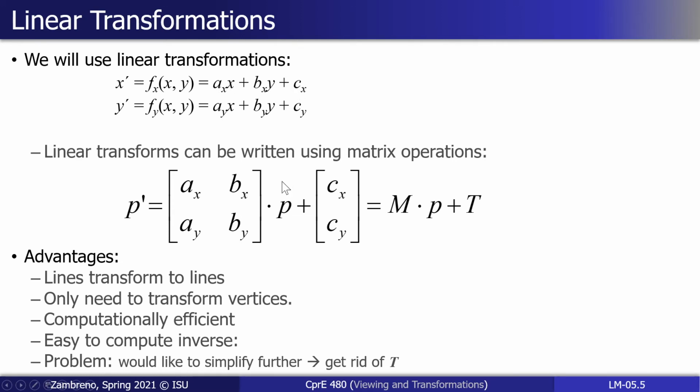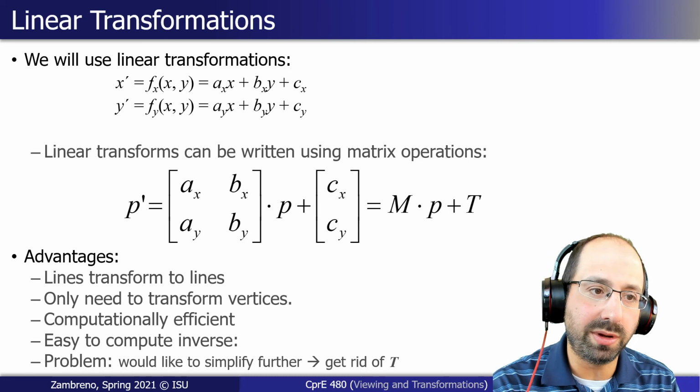The advantage of this formulation, where it's linear, is that as we transform vertex xy to vertex xy prime, and we have a line in our original specification, it's still going to be a line. So if we have a triangle and we apply the same transformation to all 3 points, our end result is also going to be a triangle.